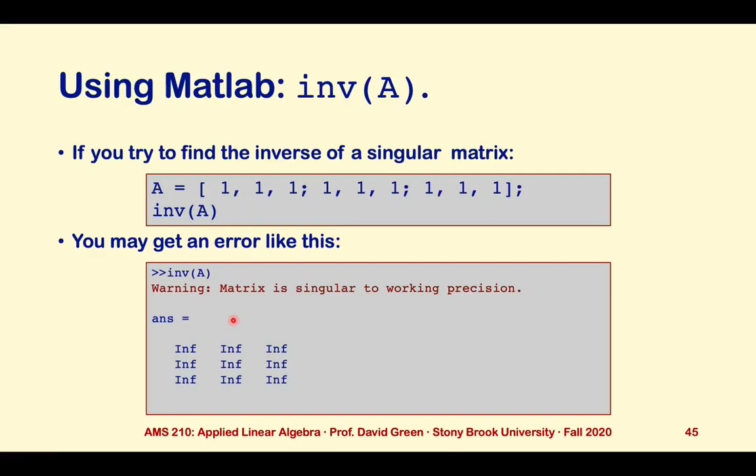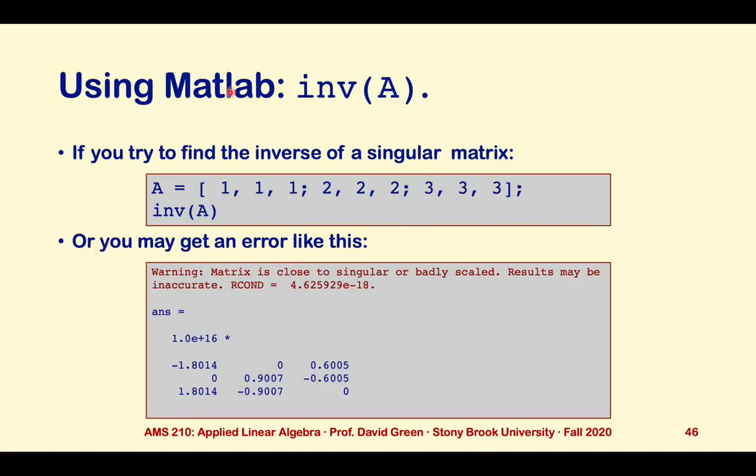You do have to be careful, though, because sometimes the warning isn't quite as obvious about what's going on. If I give instead this matrix, 1, 1, 1, 2, 2, 2, 3, 3, 3, this is still obviously a singular matrix. I've just taken scalar multiples of two rows of the previous matrix, which is also singular, right?